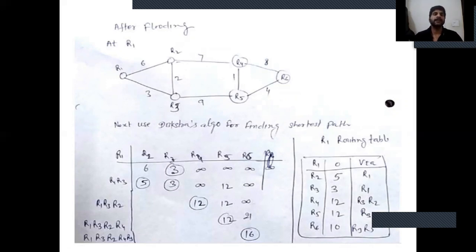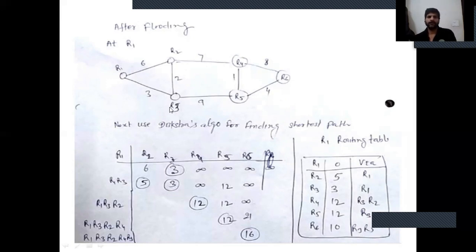Now next we compute the shortest path between R1 and the next routers. So we apply the shortest path and build the R1 routing table. R1 to R1 has cost 0, and then R1 to R2, R1 to R3.